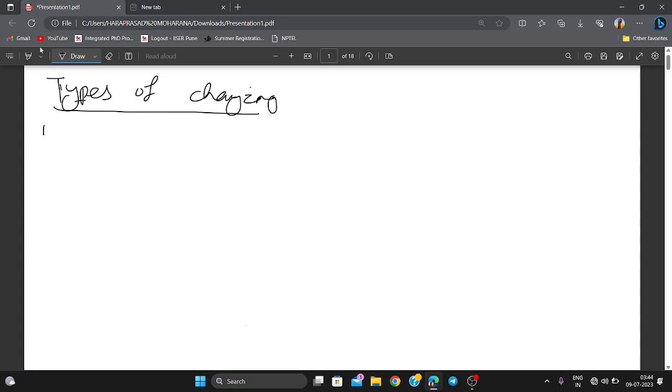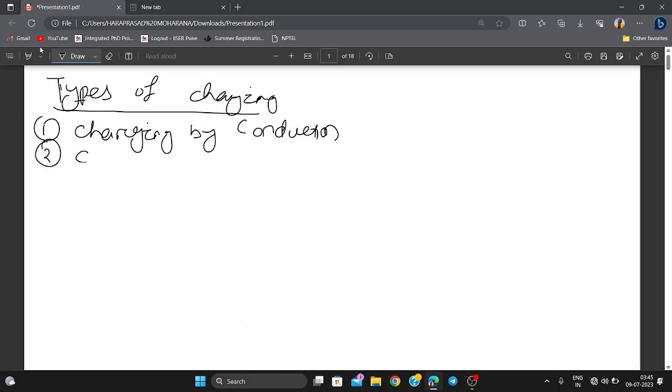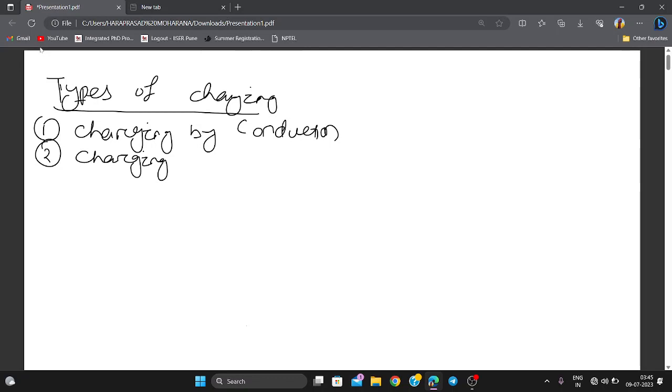In types of charging, there are two types: one is charging by conduction, and the second one is charging by induction. So, what is charging by conduction?